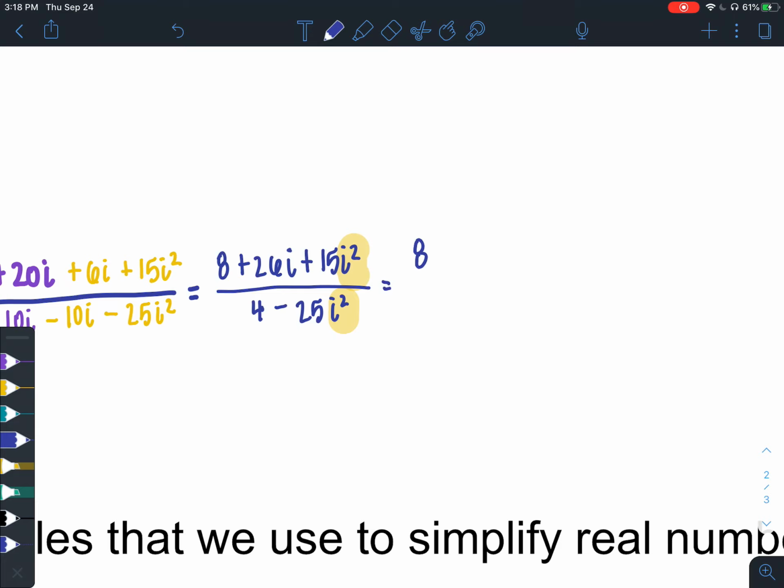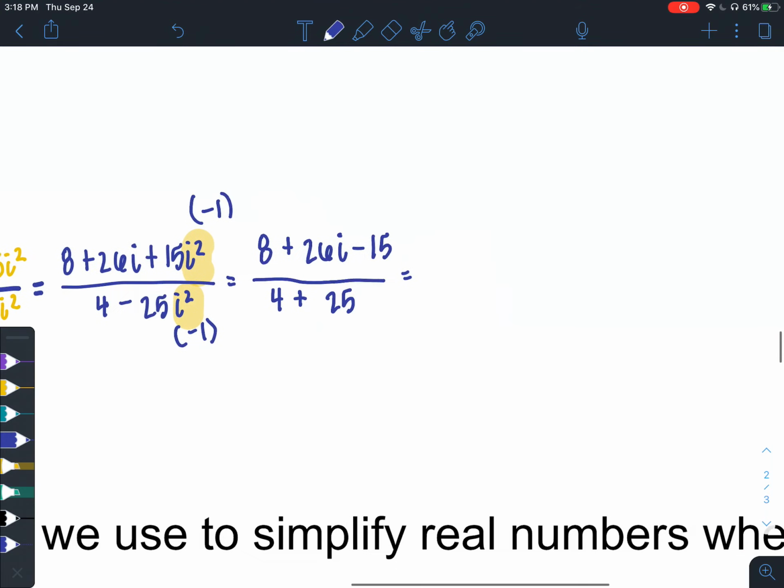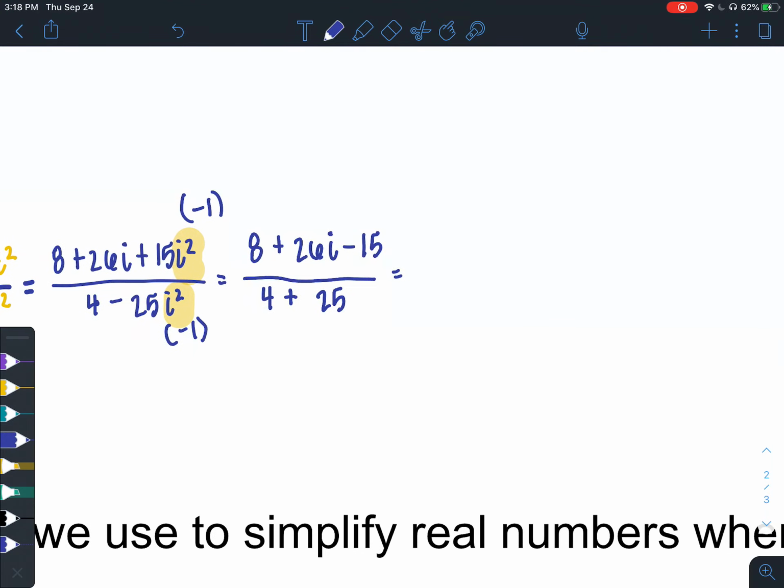We get 8 plus 26i minus 15 because i squared is equal to negative 1. So we have 4 minus 25, I'm sorry, that changes to plus 25. So we have 8 minus 15 is negative 7 plus 26i, and 4 plus 25 is 29.